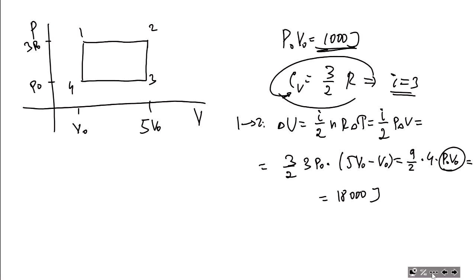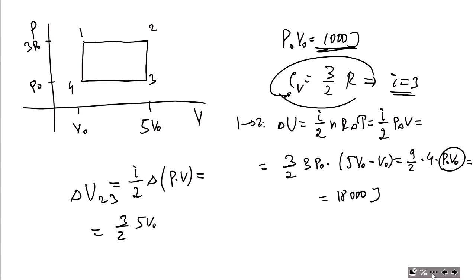And for example, briefly, 2 to 3. Yeah. What should we do? Again, same equation. I over 2. Well, this is how it is better to write now. Change in this product, but I equals 3. Now the volume remains constant for this process, and it equals 5 times V naught.